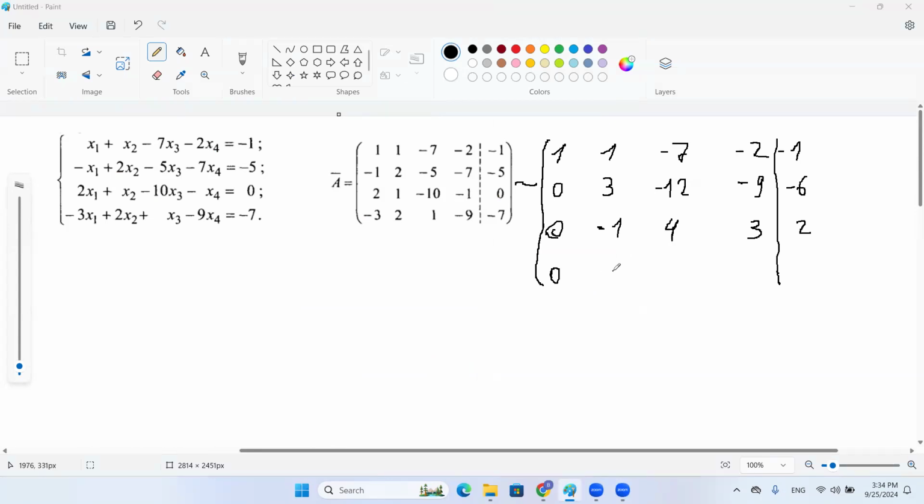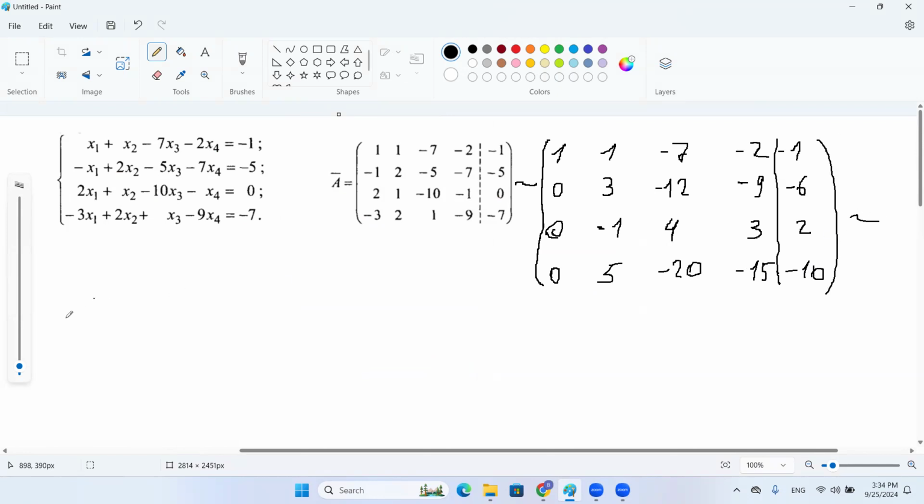No one. So 5, minus 20, minus 15, and minus 10. Okay, and we can simplify.